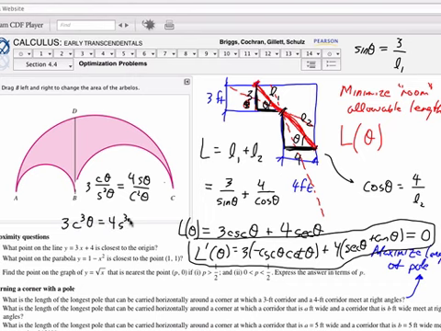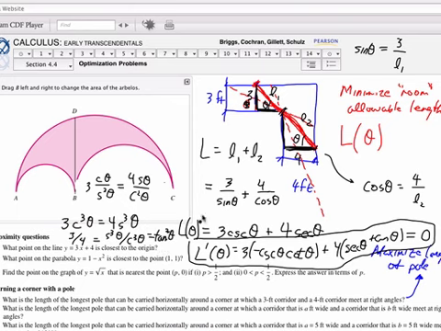Okay, we can do it. And then if we group the thetas, we'll get 3/4. We're going to divide by 4, and divide by cosine cubed: sine cubed over cosine cubed. What is sine cubed over cosine cubed? Tangent cubed.